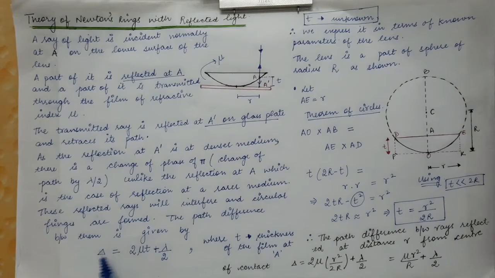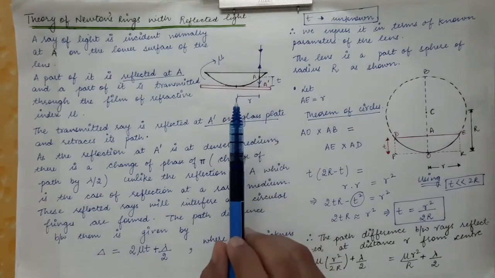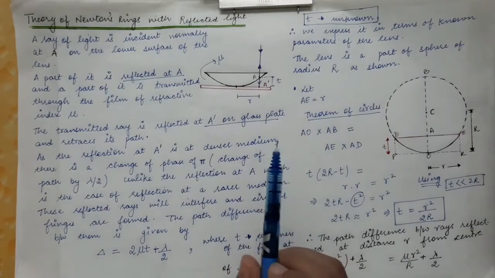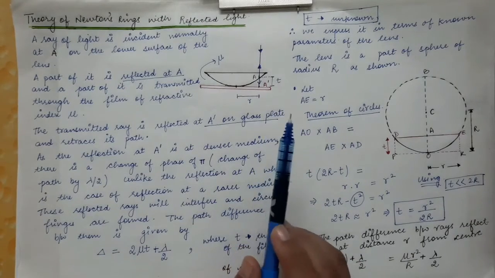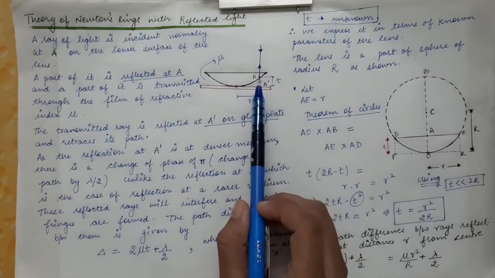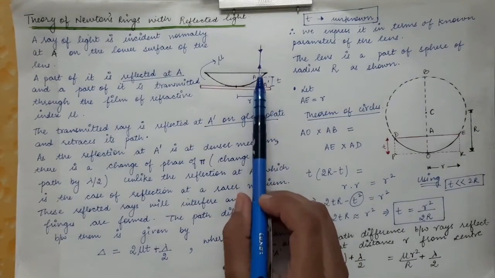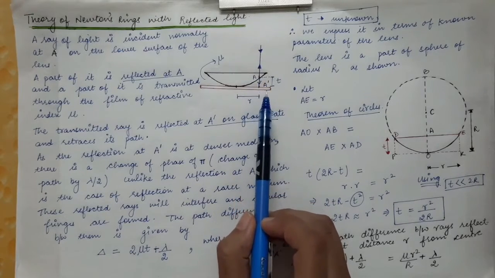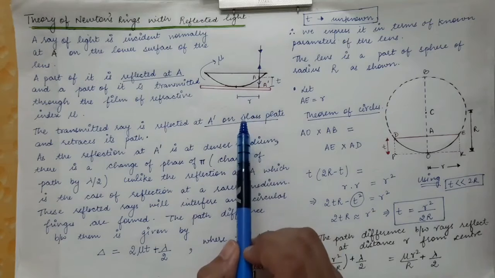Now what is the optical path difference between these two reflected rays? We know the optical path difference between the two reflected rays is given by 2 mu t cos r. But over here the first reflected ray is getting reflected by a rarer medium, whereas the second reflected ray is reflected by a denser medium.